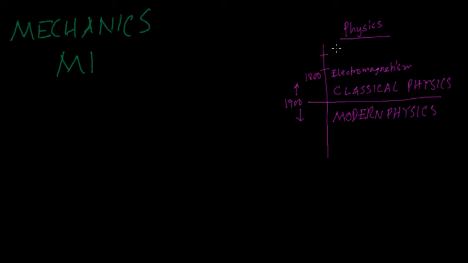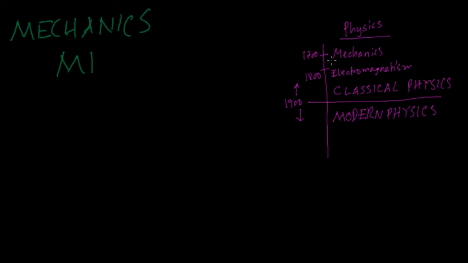And the other one is mechanics. Now mechanics is the study from 1700, roughly speaking. So 1700 to 1800, the craze was mechanics. Then from 1800 to 1900 it was electromagnetism. So mechanics is what we are talking about here.